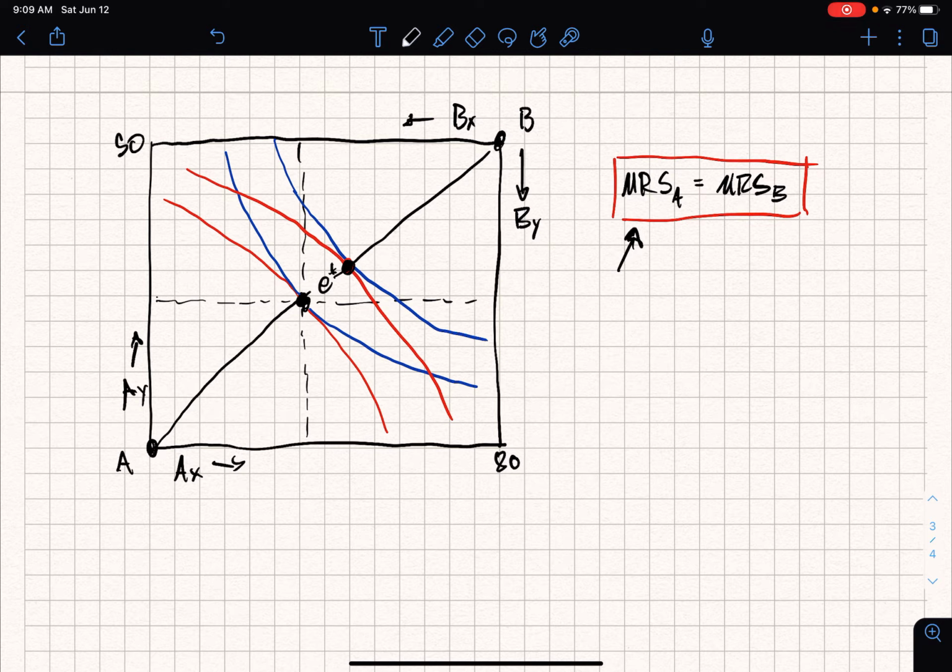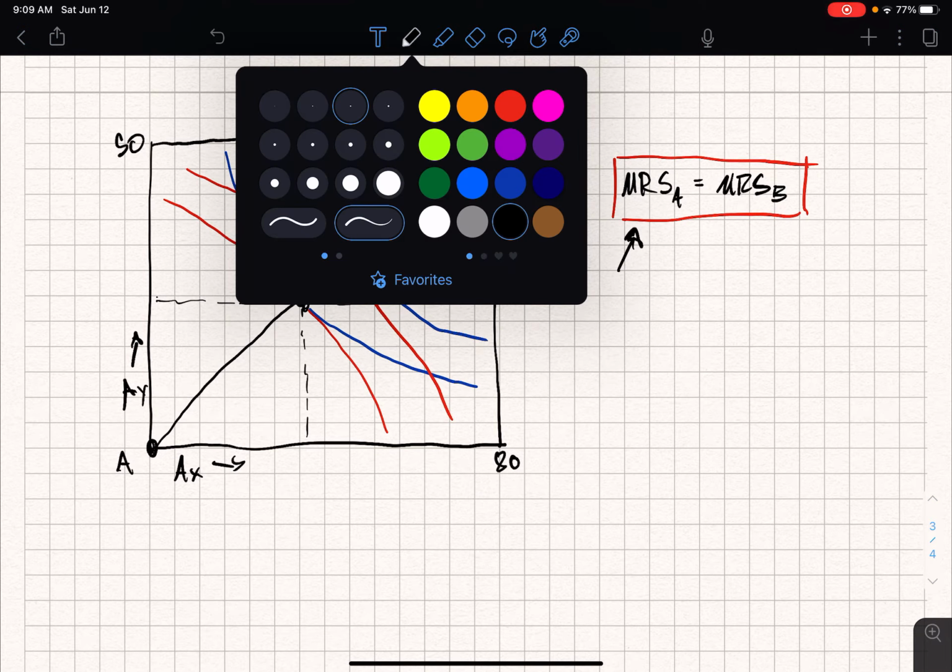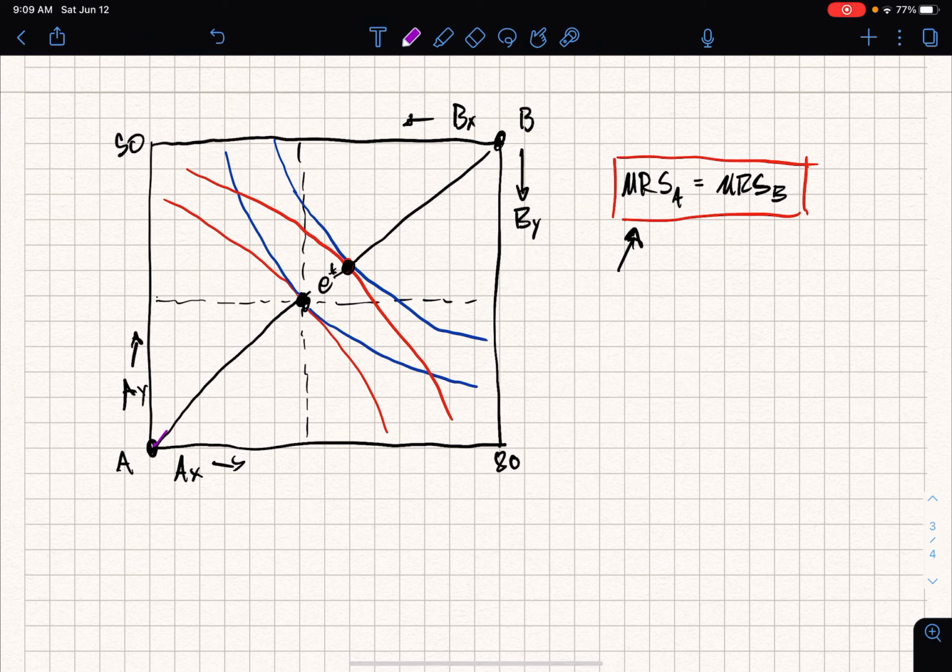And this line, maybe do it in pink here, or purple, depending on your eyesight. This line here is what we call the contract curve.